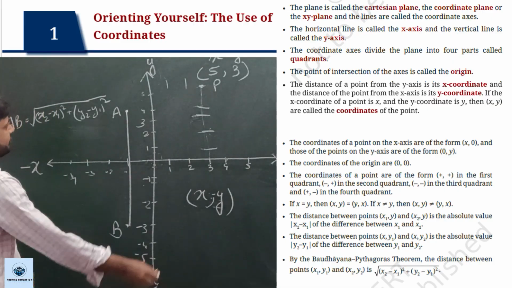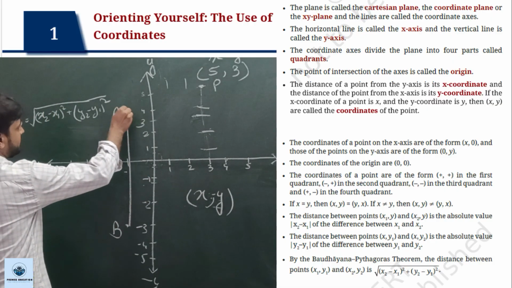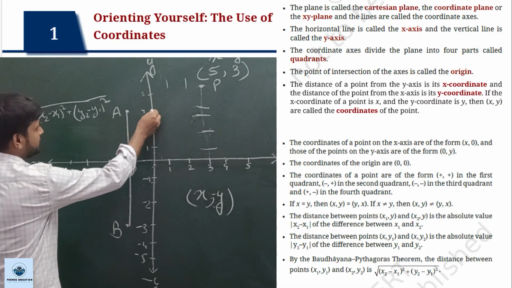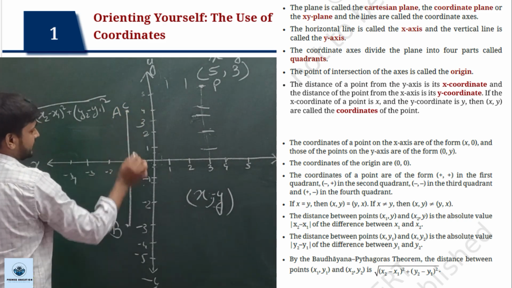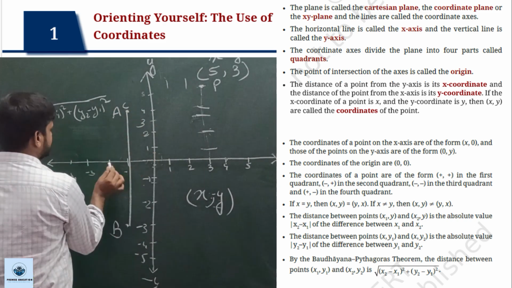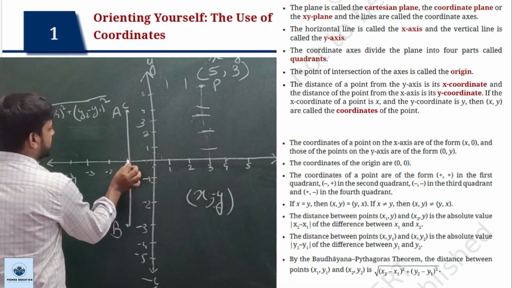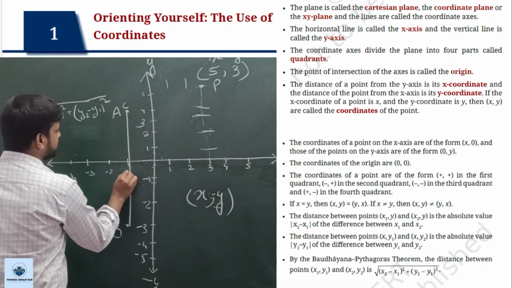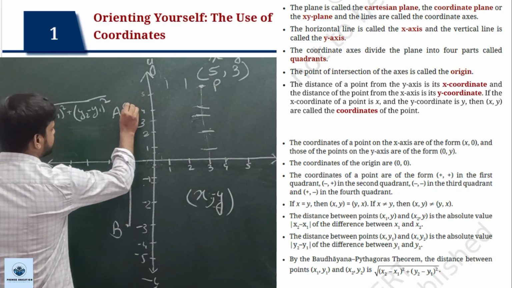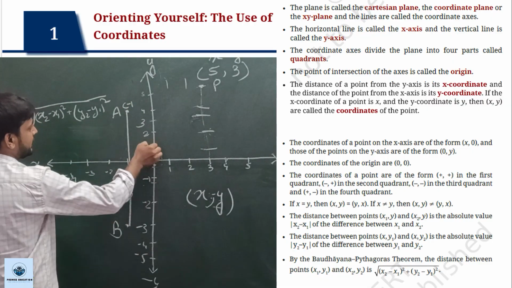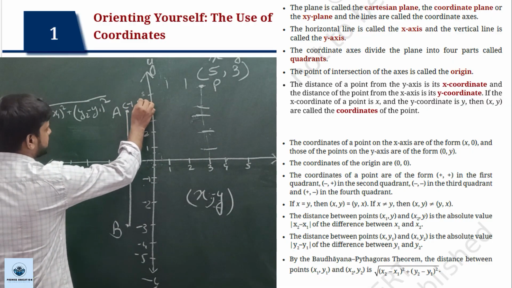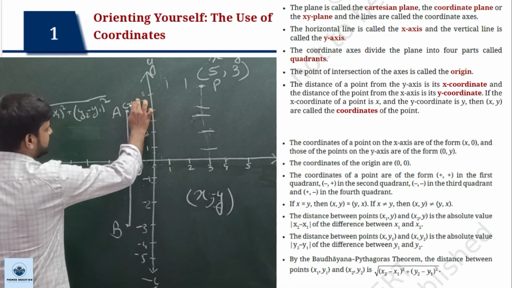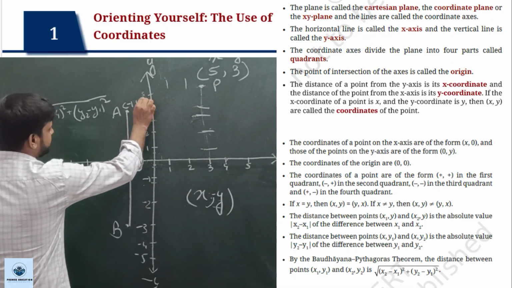Now you can see the value of this point. What will be the value of this point? There will be some value on the x side and some value on the y side. The value on the x side is 1 unit away from the origin, so x is minus 1 and y is 4.